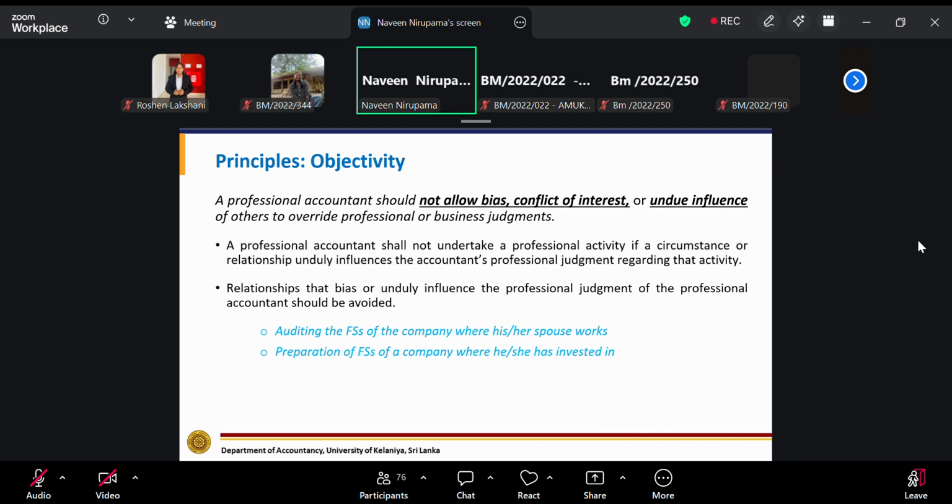Here you can see the professional accountant shall not undertake a professional activity if a circumstance or relationship unduly influences the accountant's professional judgment regarding that activity.